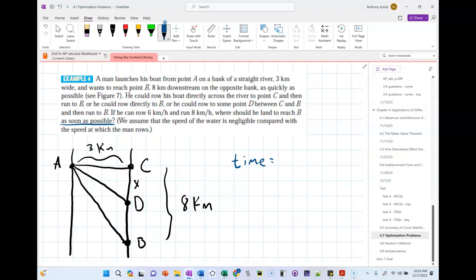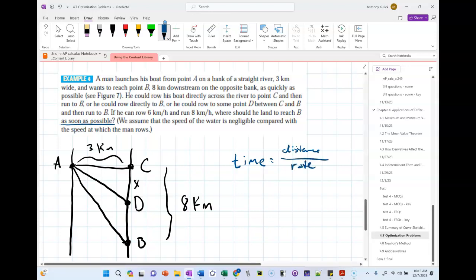Now, in our scenario, how are we going to calculate the time it takes him to do this? Distance divided by the rate, yeah. Just like if you're driving 500 miles at 50 miles an hour, it takes 10 hours. So far, so good?